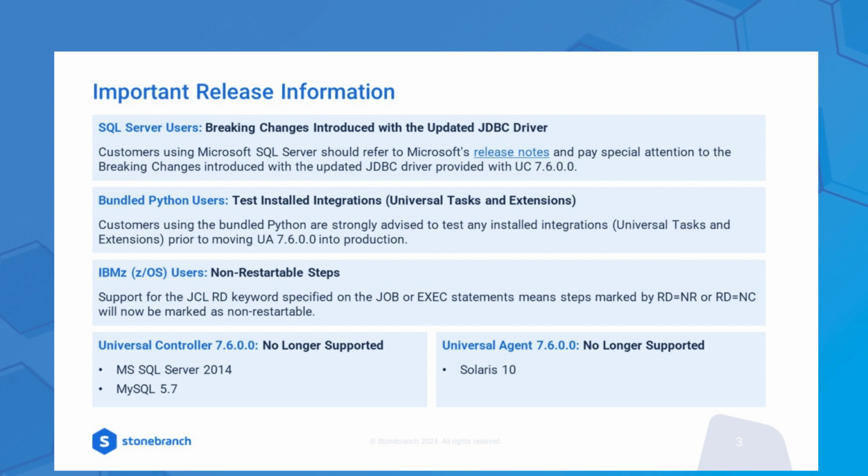For the no longer supported items, obviously with the upgrade of SQL Server, older versions of SQL Server, which are no longer supported by Microsoft, are dropping off our support radar. Similarly with MySQL 5.7 on the database side, just an older release that we want to take off our QA matrix. And also for the agent, Solaris 10, we're no longer able to support from 7.6 onwards.